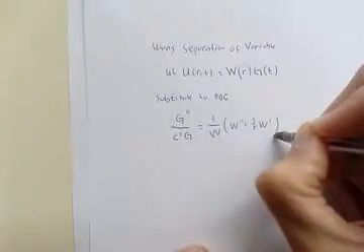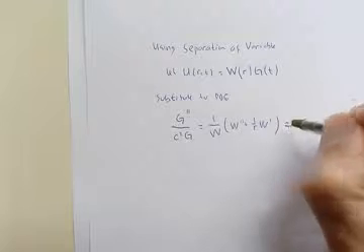So we let u of r, t equal the function w of r multiplied by the function g of t, and then we substitute this into this PDE, and we'll have this, and this will be equal to some constant.